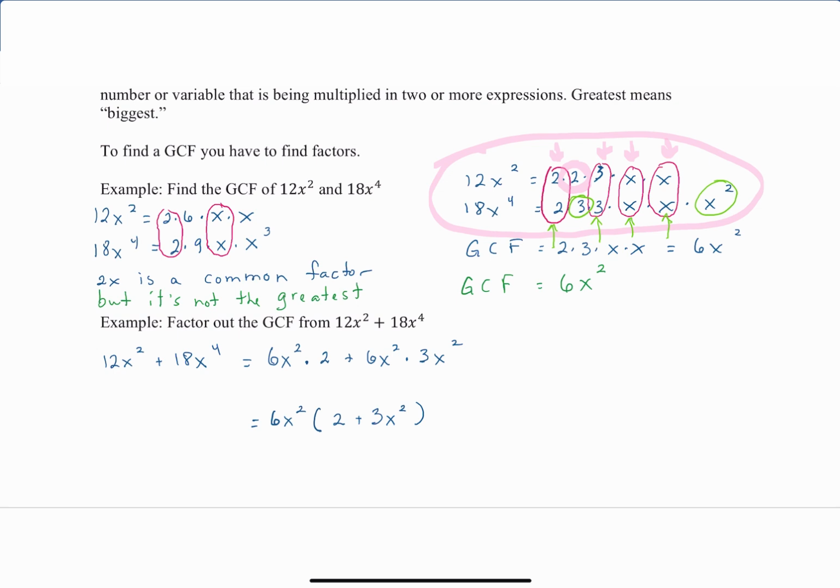And then the distributive property says that common factor of 6x squared can come out front of parentheses, and inside the parentheses go our leftover factors. This is exactly like having an expression either in the form a times b plus c or in the form ab plus ac. By the way, factorizations can always be checked by simply multiplying the things back together.